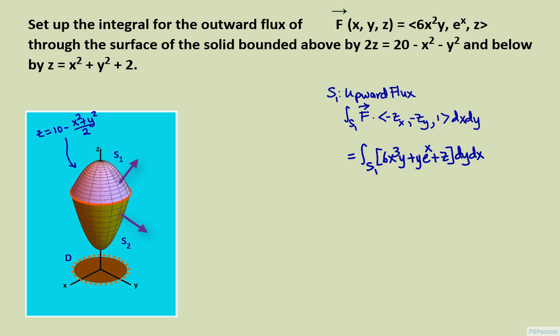The only thing that we will do at the moment is to replace z by its formulation on the surface capital S sub 1. So we have the integral over the surface S sub 1 of 6x cubed y plus y e to the x power, and replacing z, we have plus 10 minus the fraction x squared plus y squared over 2.